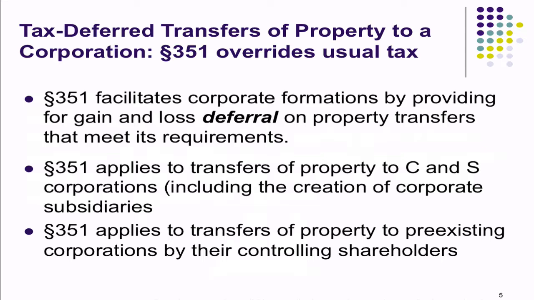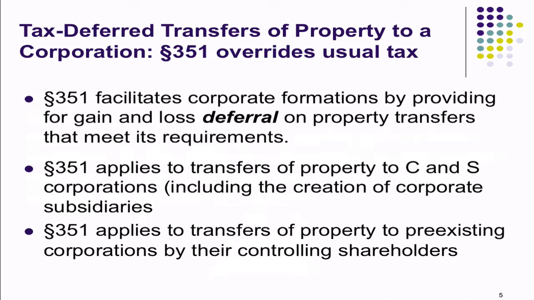What's the rationale behind this? 351 facilitates formation of corporations by deferring. You don't get away with never paying tax if you're a stockholder on the transfer, but gain and loss is deferred on property transfers that meet the requirements, so that at the initial stage of corporate formation, there is no tax consequence.